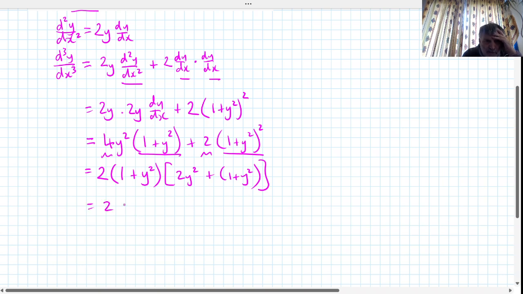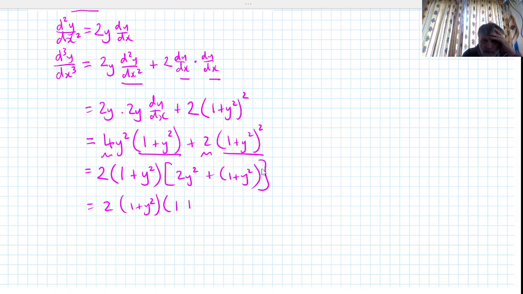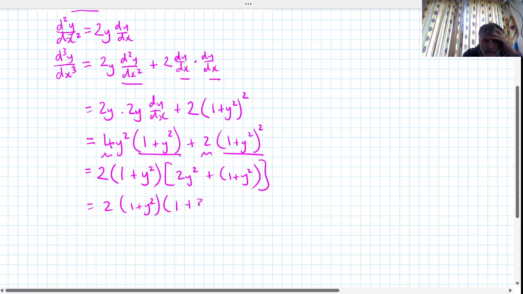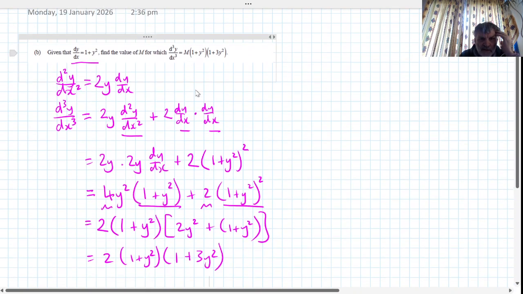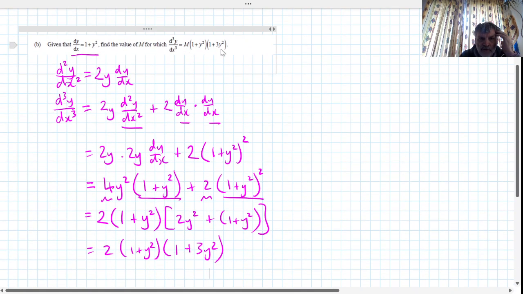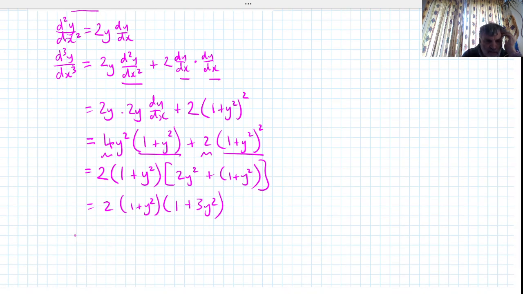So this is 1 plus y squared, and here we've got 1 plus 3y squared. And looking back at the question, this is exactly the form that we want the answer to be in, so our m is equal to 2.